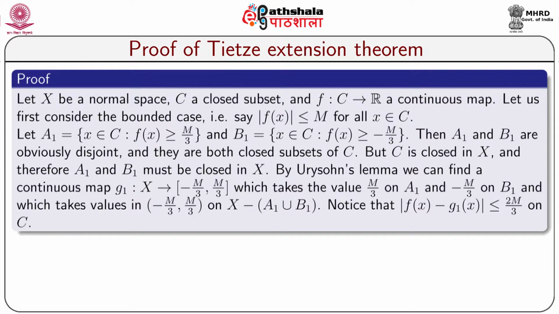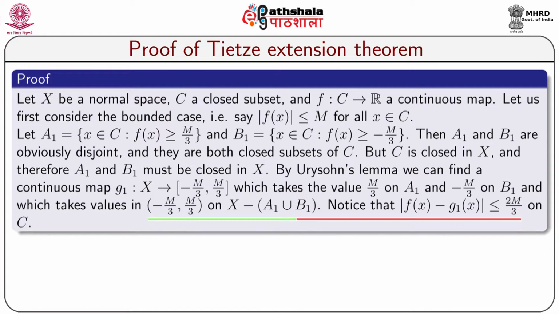By Urysohn's lemma, therefore, we can find a continuous mapping G1 from X to the closed interval [-m/3, m/3], which takes the value m/3 on A1 and -m/3 on B1, and G1 takes values in the open interval (-m/3, m/3) on X minus A1 union B1.